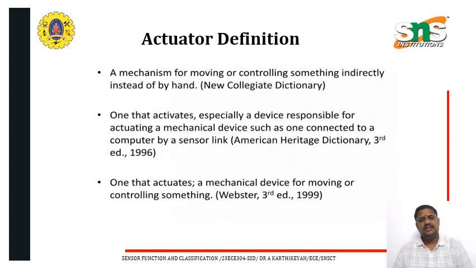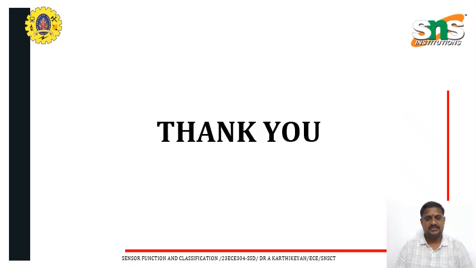The actuator is mainly a mechanism for moving or controlling something indirectly, instead of by hand, so you can activate and deactivate functions. It is especially a mechanical device connected to the computer, mainly linked to the sensor. Thank you.